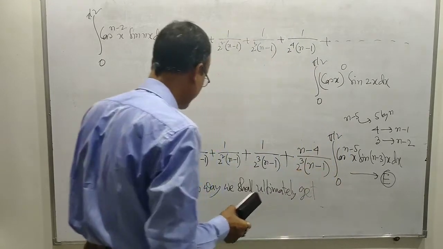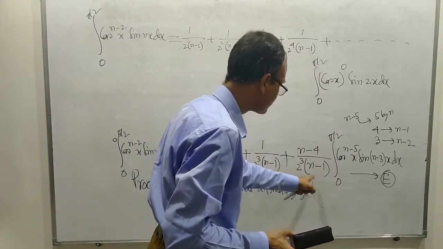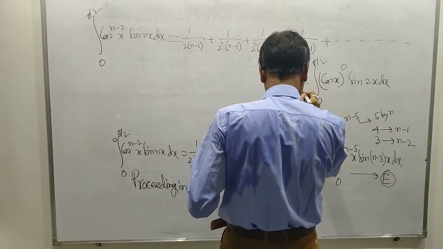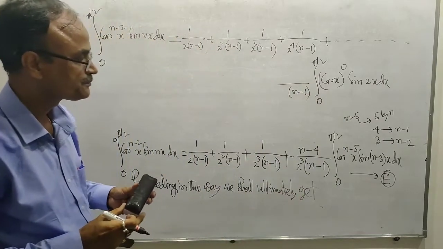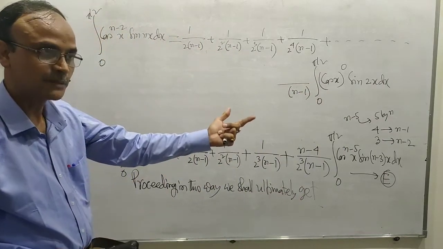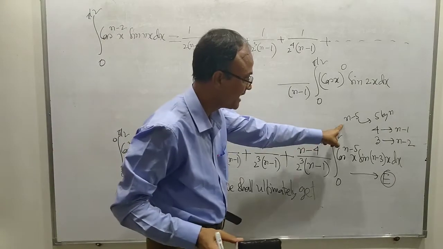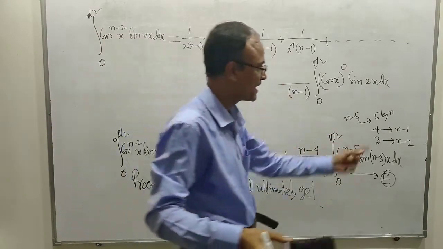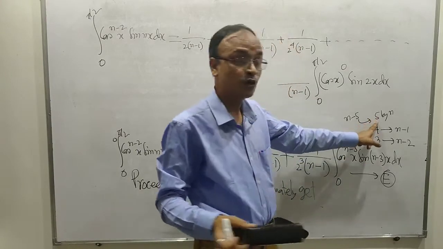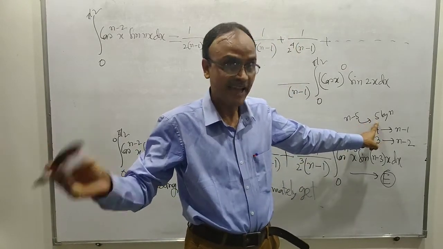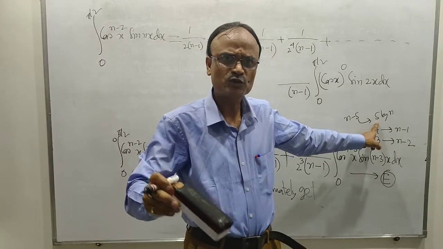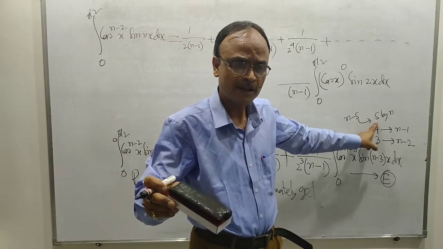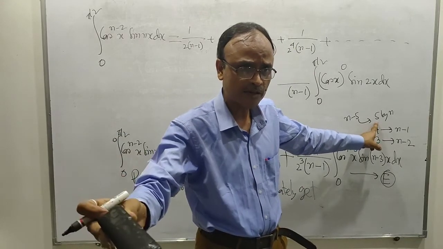What will be this term? You see here, all n minus 1 is common. You will have to write here n minus 1. I have told you n has been replaced by 5. In other words, we have put n for 5. If you put n for 5, what will you put for 4? 5 minus 1 should be replaced by n minus 1.